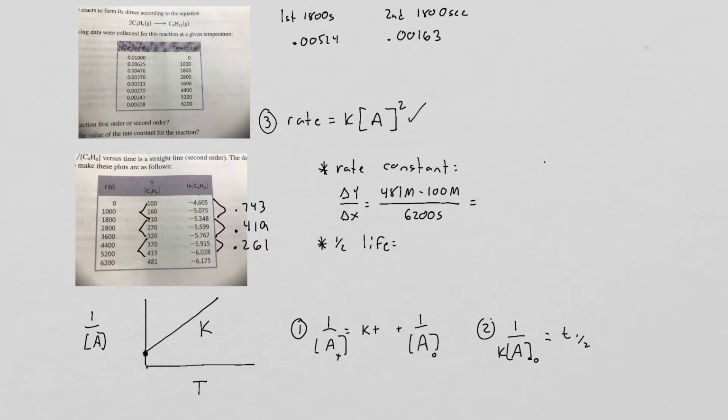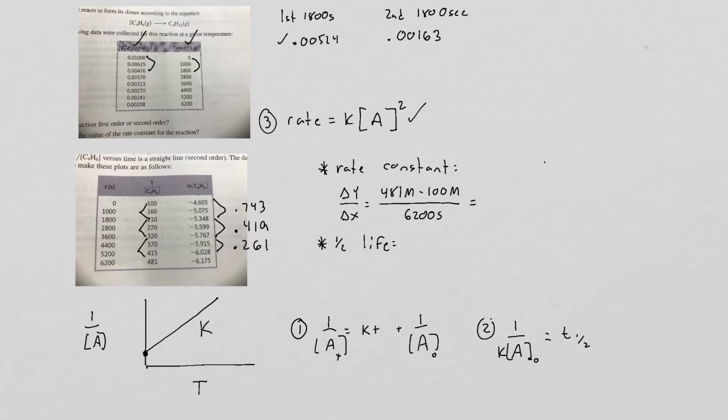So what I chose to do is look at the concentration versus time and at the interval of 1800 seconds, to see if the change in concentration for this reactant was the same for the first two 1800 second intervals. In the first 1800 second interval, from here to here, I subtracted these two numbers and got 0.00524.